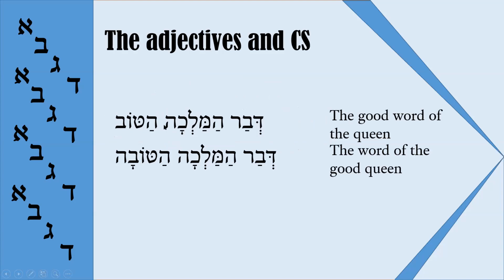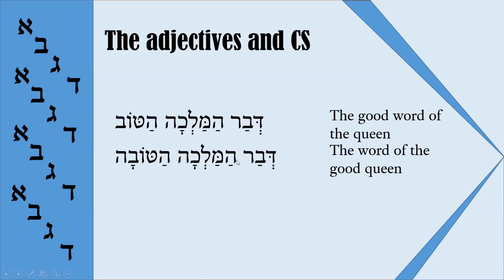It is not clear whether this tov refers to malka or to devar. In this case, we can see that it refers to devar, because devar is masculine and tov is masculine, and malka is feminine. So we can translate it the good word of the queen, or the queen's good word. We can also say it like this.